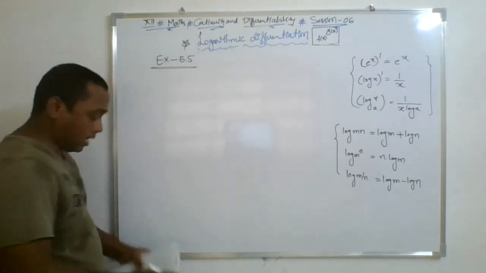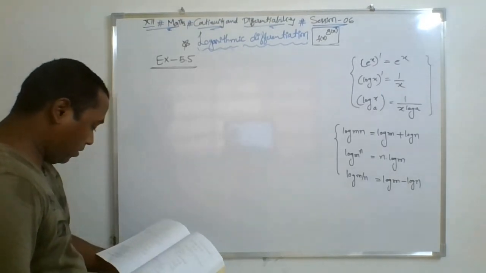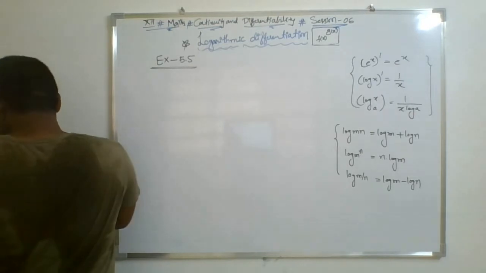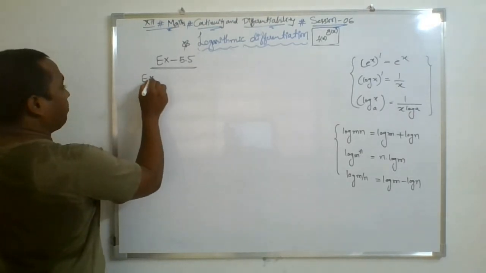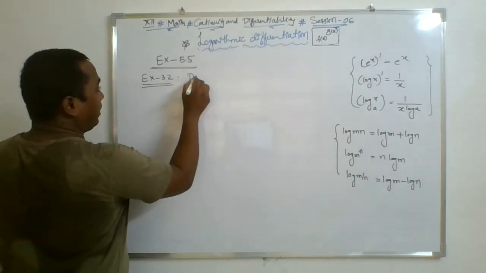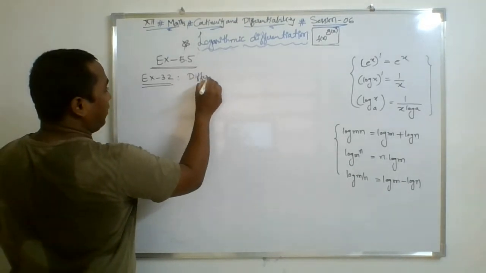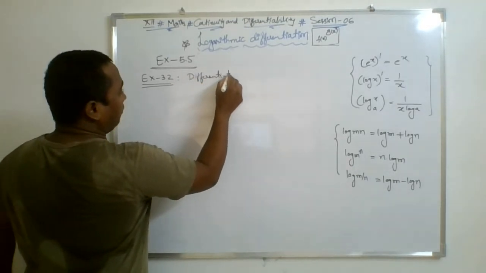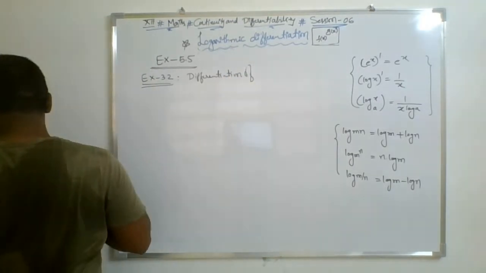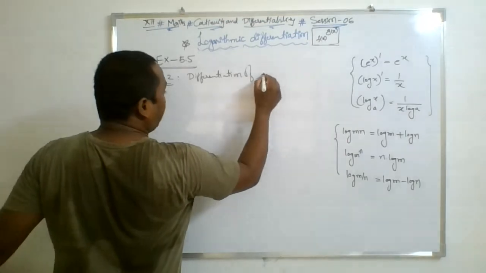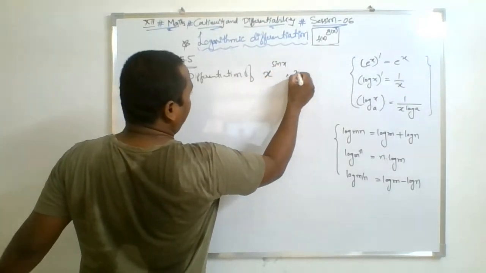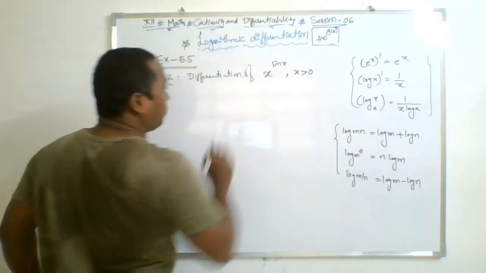For that, take example 32 from the textbook. Example 32: find the differentiation of x to the power of sine x, where x is greater than 0.